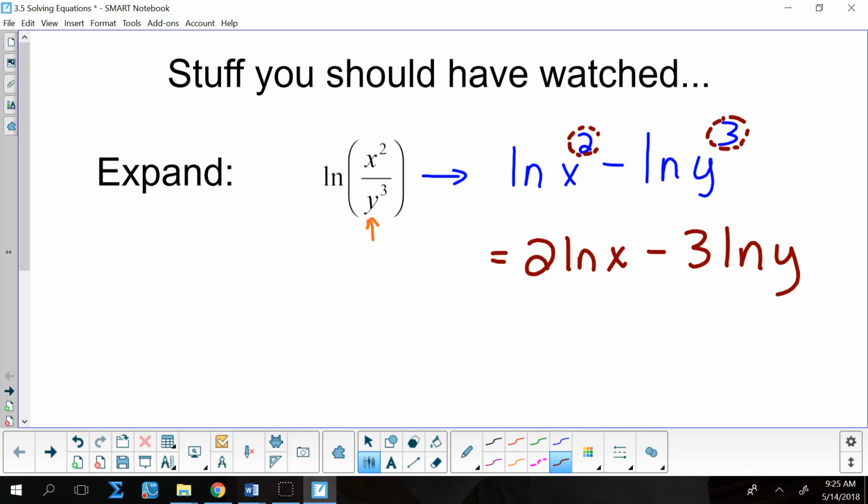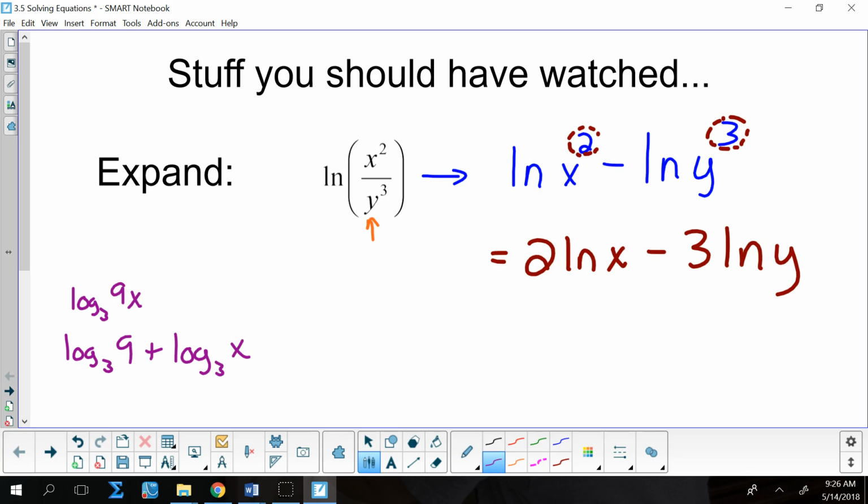The reason we expand is that sometimes we might be able to change one of the terms. For instance, if I had log base 3 of 9x, that's multiplication, so it becomes log base 3 of 9 plus log base 3 of x.